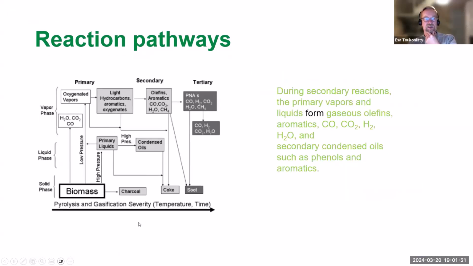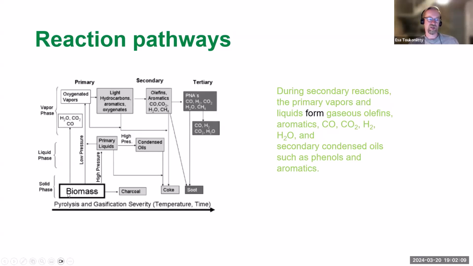The secondary stage here in the middle, so the formed primary molecules or products form other gaseous products by reacting with each other.